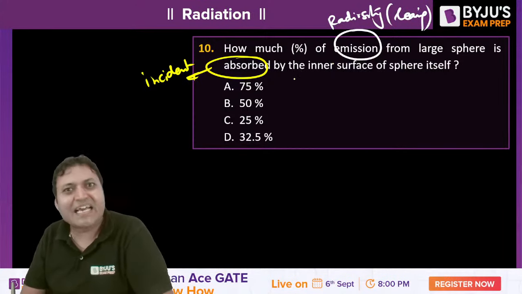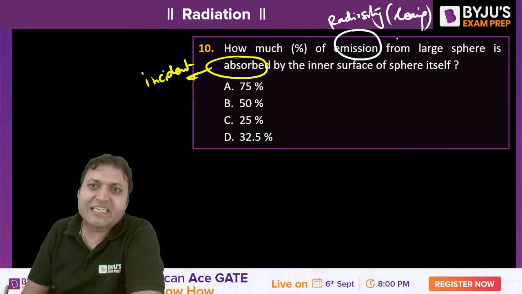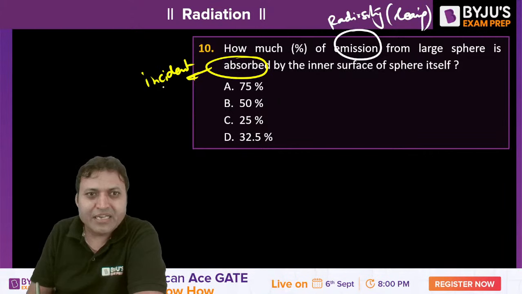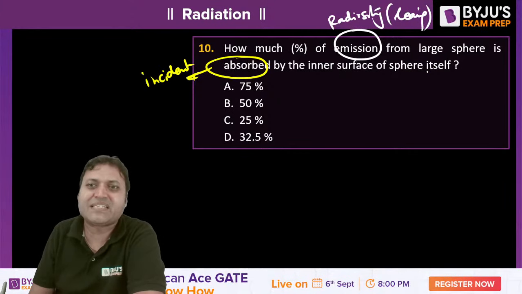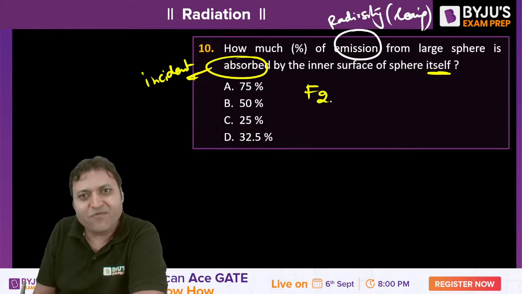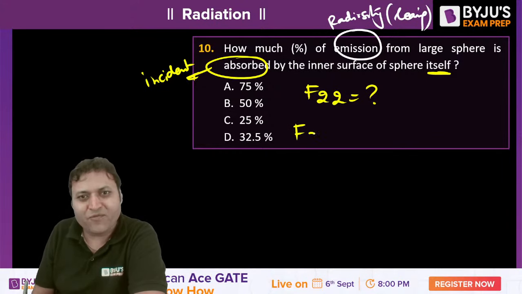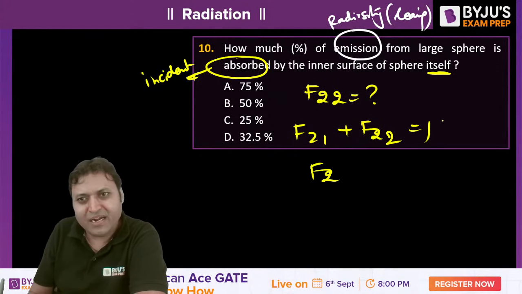The definition is again the same. The radiation leaving from the large surface and reaching, meaning incident on, the inner surface of the same sphere itself. It means F22 will be asked. Now here F22 will be asked. F21 plus F22 is equal to 1. That is the enclosure theorem.